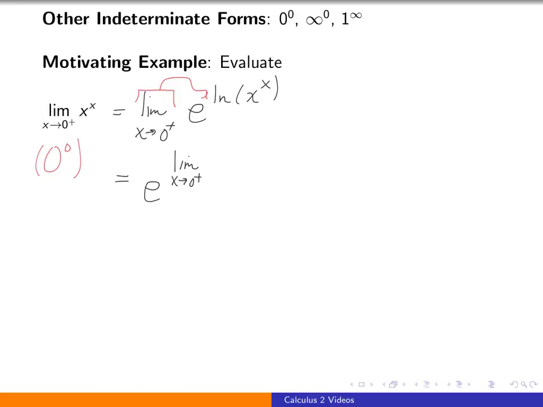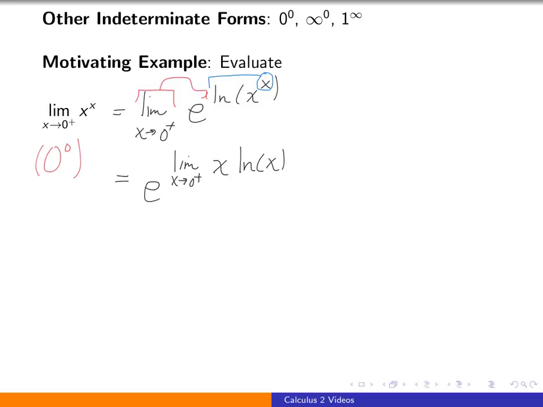And at the same time, I'm also going to note that this exponent x that was maybe causing us trouble, once it's inside the natural log, you can pull that out front. So this becomes x ln of x. And this should actually be a familiar example, one we evaluated in a previous example.